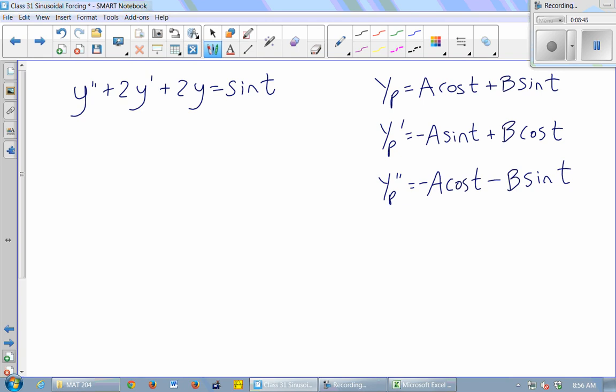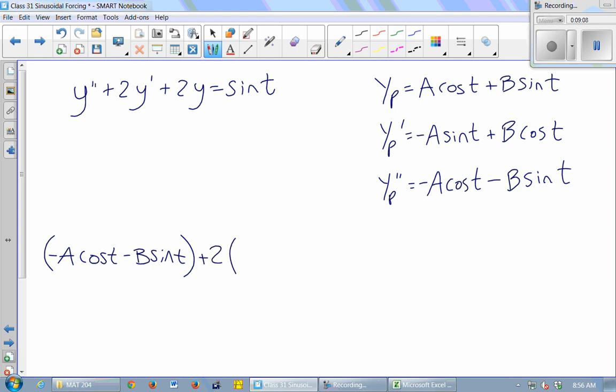Then we plug y prime and y double prime into the equation, and solve for the a and b to make it equal sine t. All right, so y double prime, -a cosine t minus b sine t. There's my y double prime.